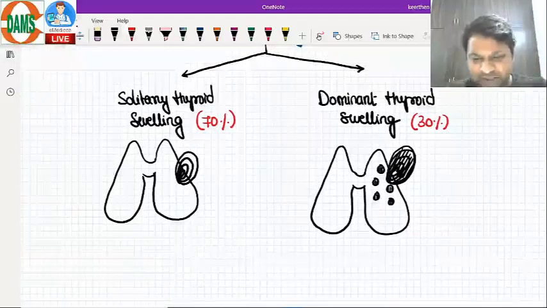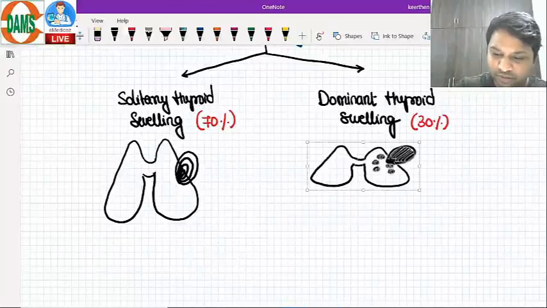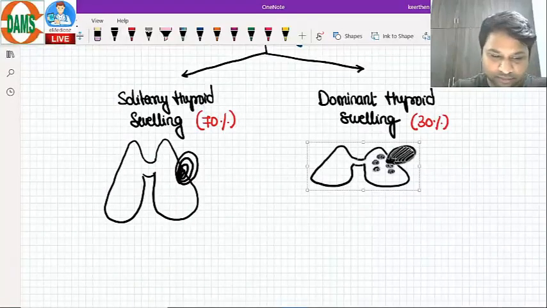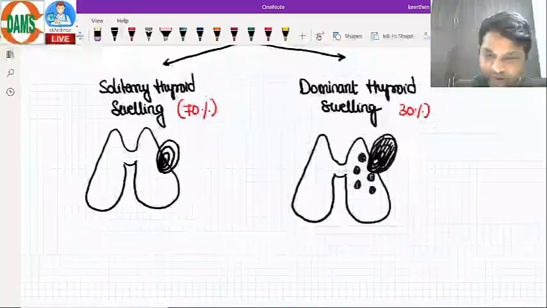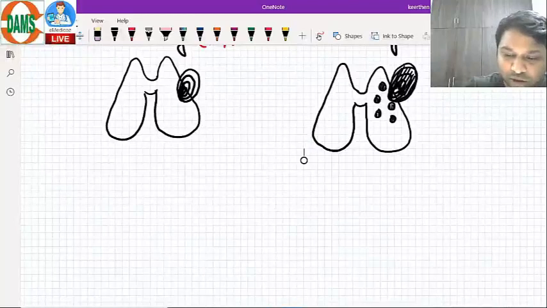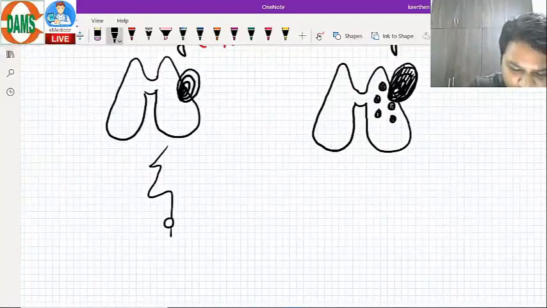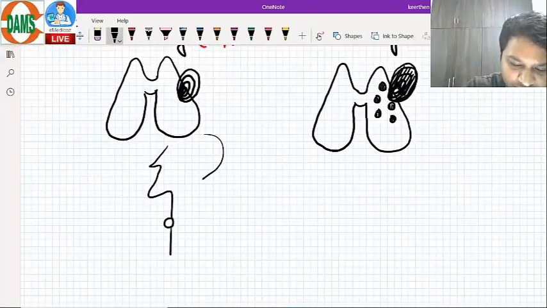Now, when you see a patient of solitary thyroid nodule or a dominant thyroid nodule, I would like to represent it something like this. The patient would have a nodule which is present in the midline of the neck.